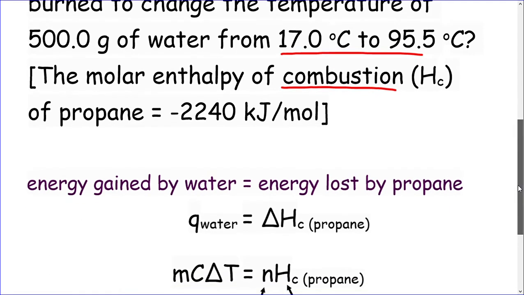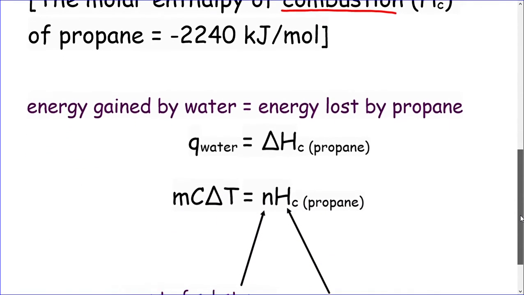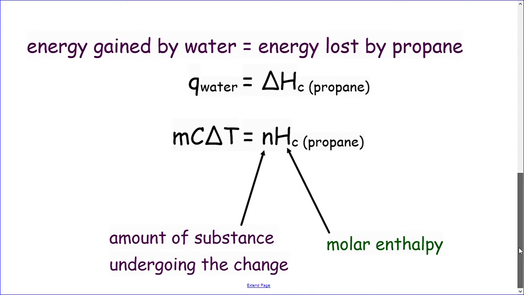So mc delta T is equal to nHc, where the amount of substance undergoing the change is our n value, and our molar enthalpy shows up here as our combustion value for n. As we're writing these out, keep in mind that it's going from 17 up to 95.5, so we have our initial and our final.